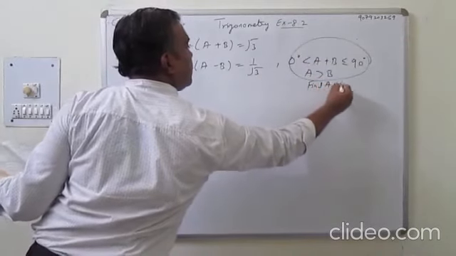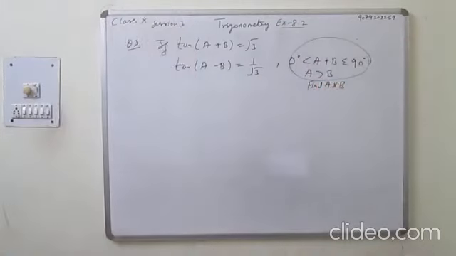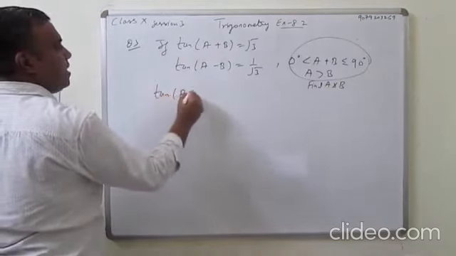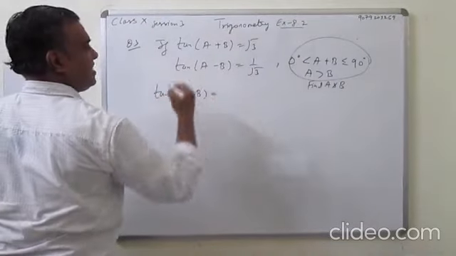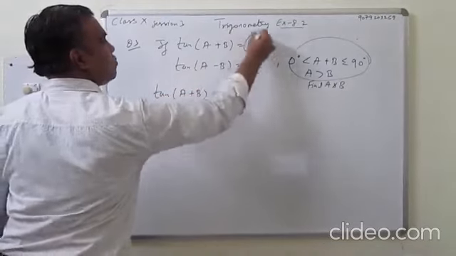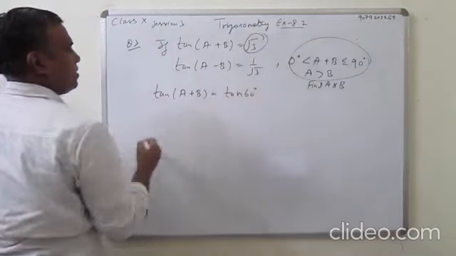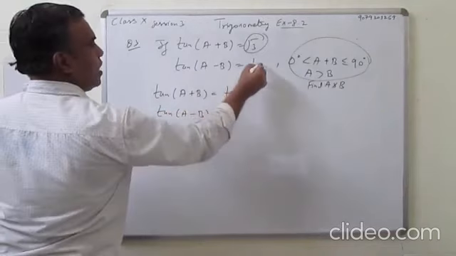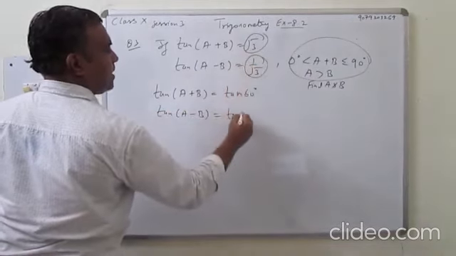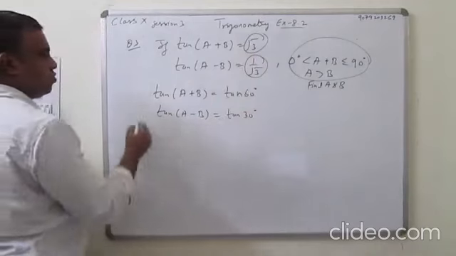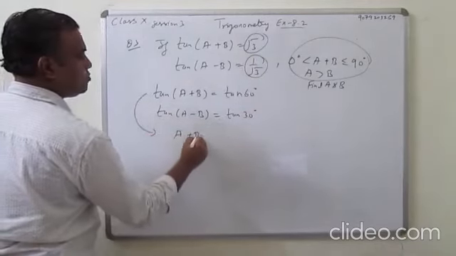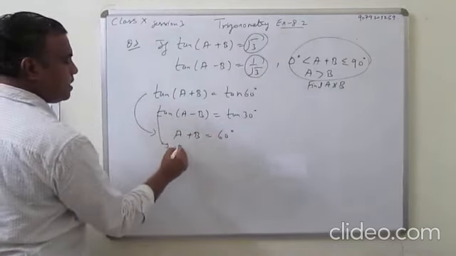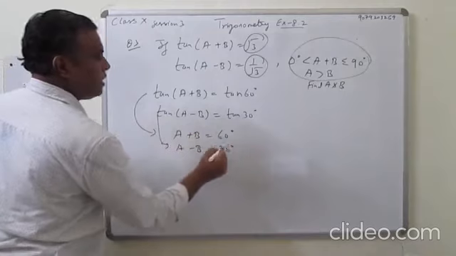Find A and B. We know that root 3 is tan 60 and 1 by root 3 is tan 30. So the equation comes A plus B is equal to 60 degree, and A minus B is 30 degree.